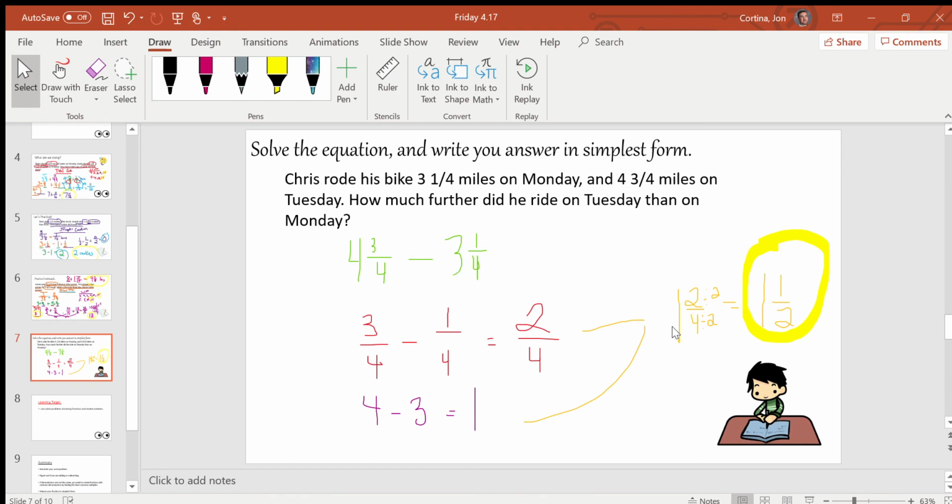When you combine those two together, you have 1 2/4. And you should have noticed that 2/4 can be simplified. There's a factor that can go into both 2 and 4. So we're going to divide each number by 2 to get an easier, smaller fraction. And you're left with 1 1/2.